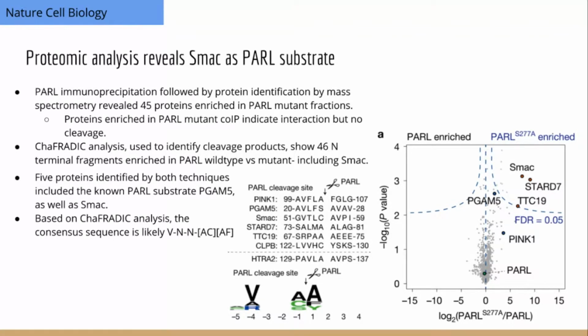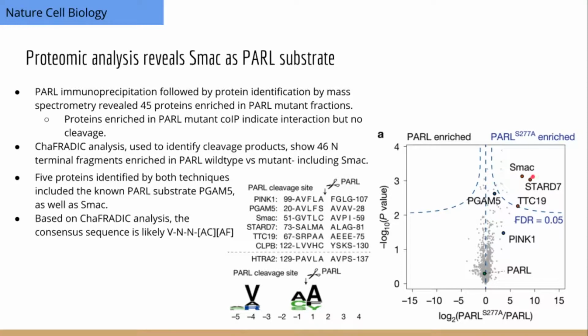And so the 5 proteins that were implicated by both techniques were most notably Smac right here. And we also see STARD7, and TTC19. There's a couple more, but PGAM5.